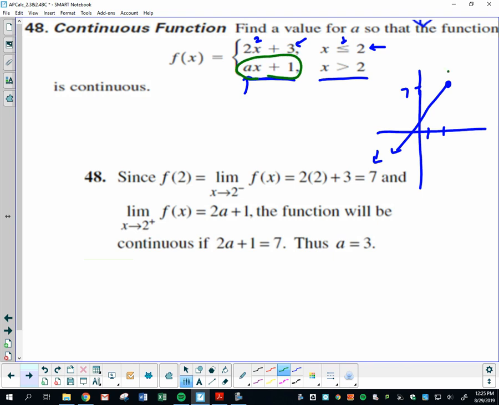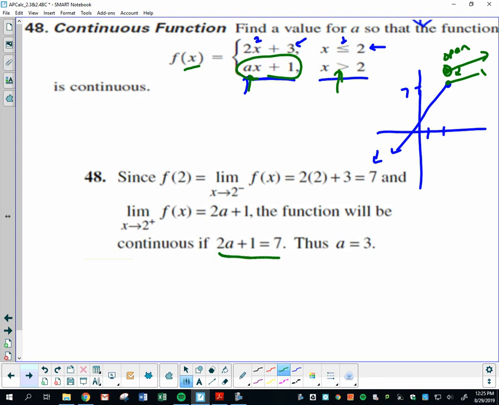If it did this, let's say the slope was a little bit less than 2, so it's more horizontal, and it didn't connect, that'd be an open circle, then you would not have a continuous function. So how do you get these to mesh? You need to move this guy down and make sure it meets at the same spot. So the function value must also have a 7.